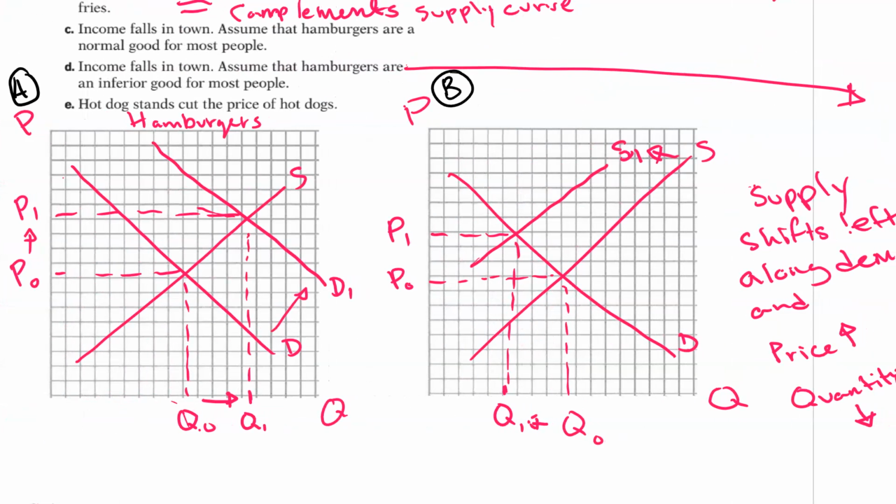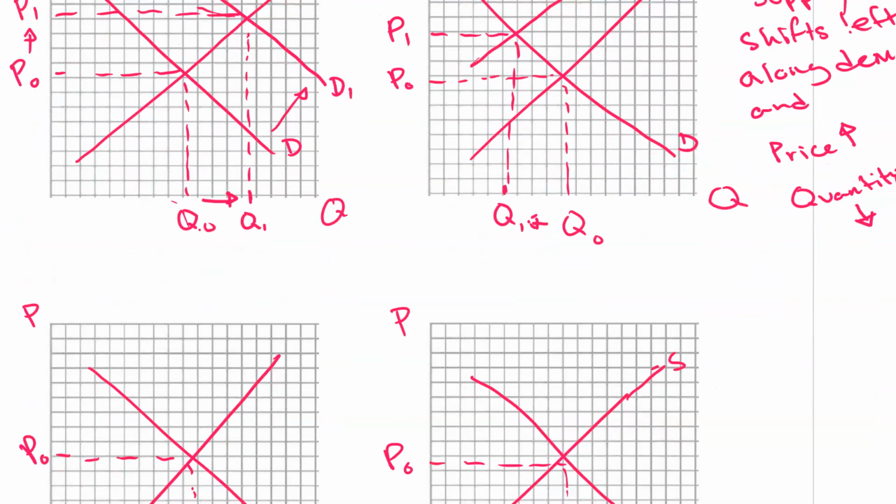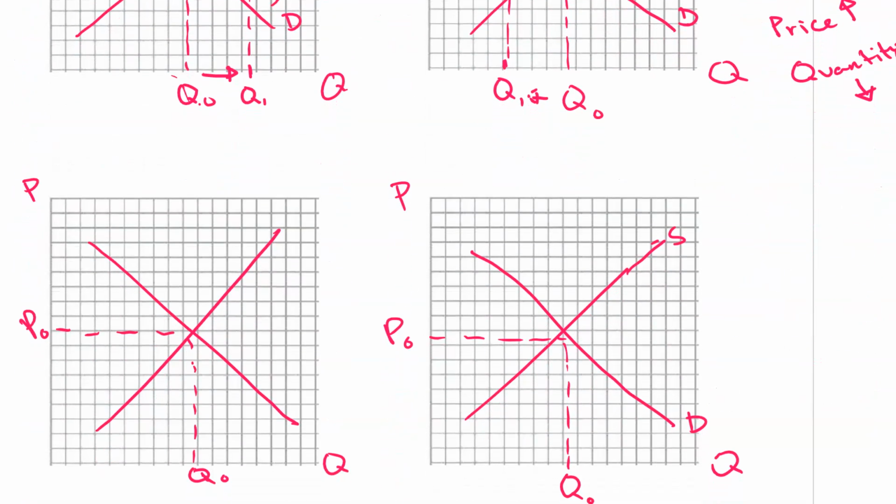So C says income falls in town. Assume hamburgers are a normal good for most people. So if they're a normal good, that means we buy more when we make more. Right, so this is C. And this is if our hamburgers are a normal good.